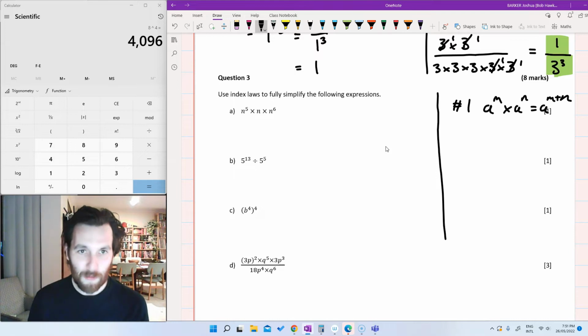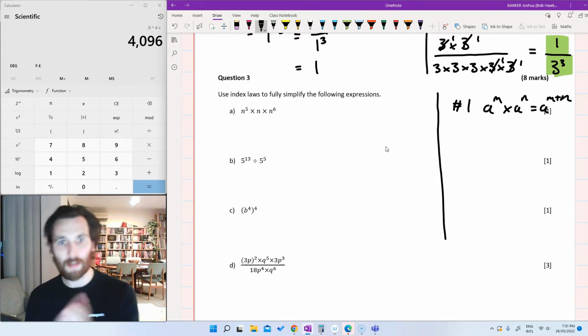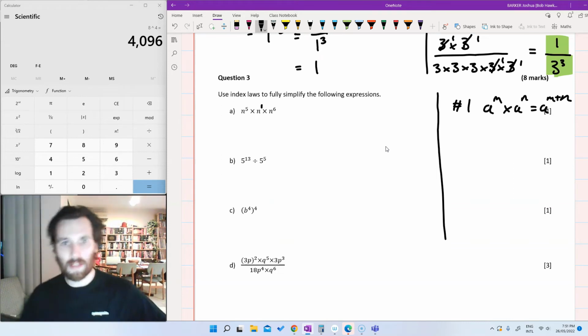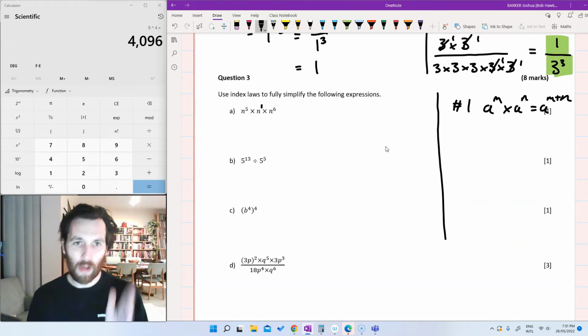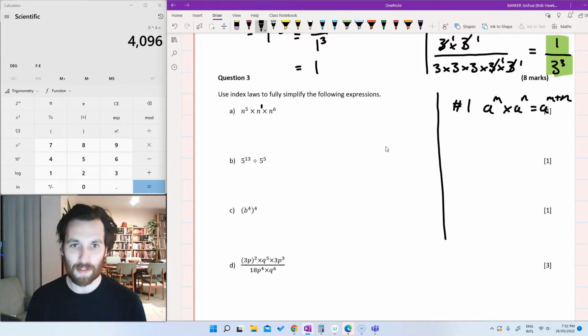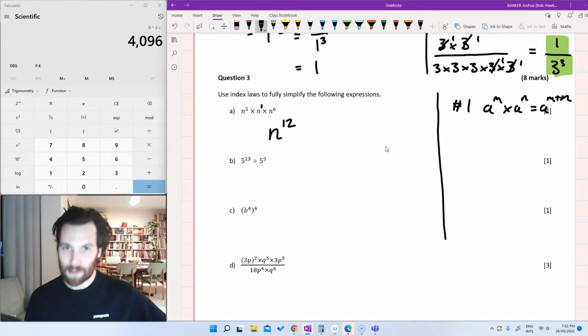The reason for that is we've got n to the power 5, so n times n times n times n times n, times n to the power 1, so 1 more n just there, and then n to the power 6, so times n times n times n, another 6 times. So if we've got n multiplied by itself all of those times in a row, we can simplify those powers by just adding them together. So n to the power 5 plus 1 plus 6, which is 12 for that one. So again, that's just one of the index laws. I say you have to know it, it's more that you have to know how to use it, because these will be written on the board.